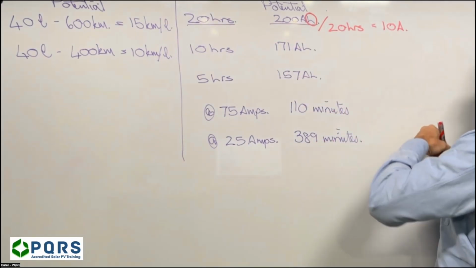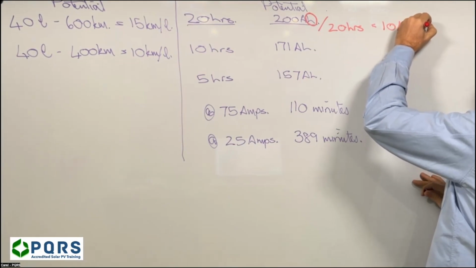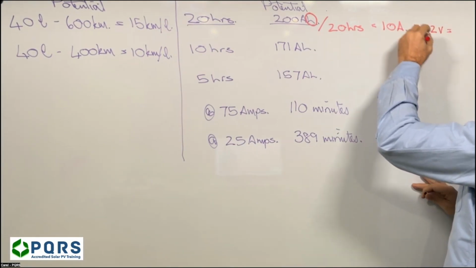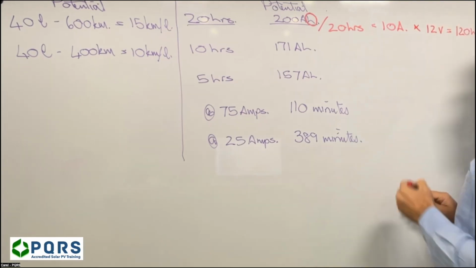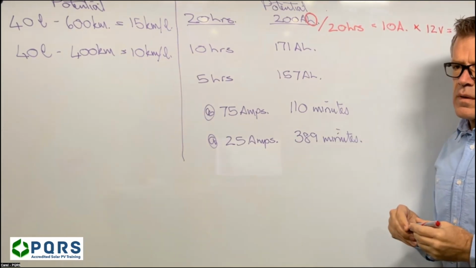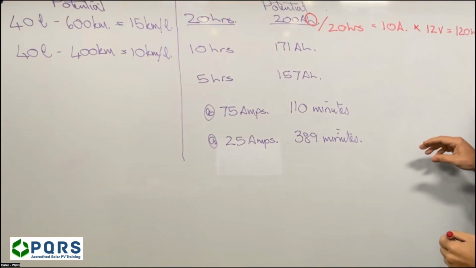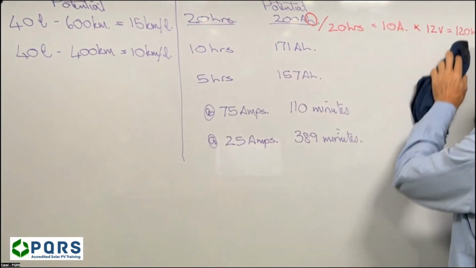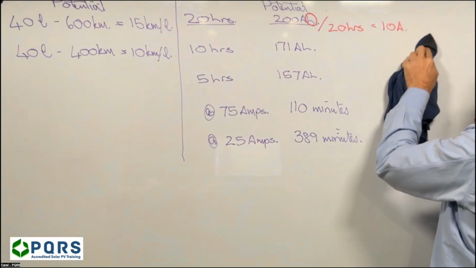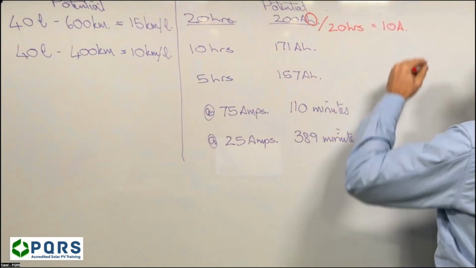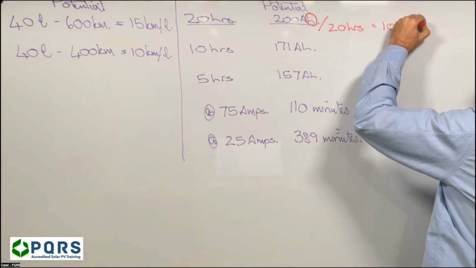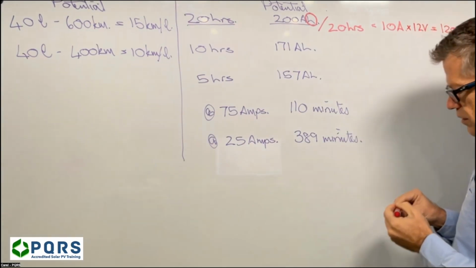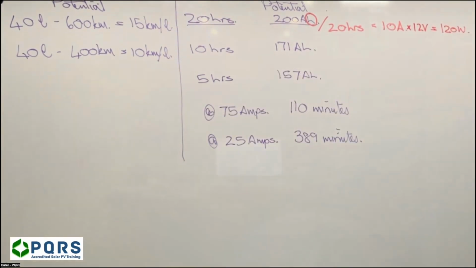So 10 amps multiplied by, this would typically be a 12-volt battery, equals 120 watts. 10 amps times 12 volts equals 120 watts.